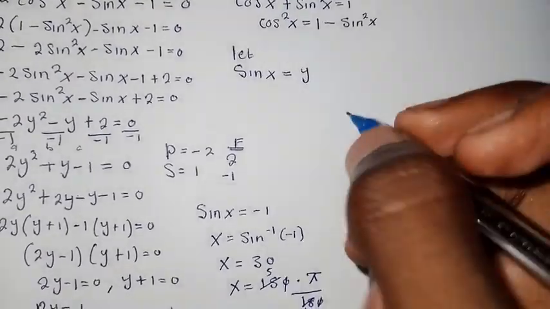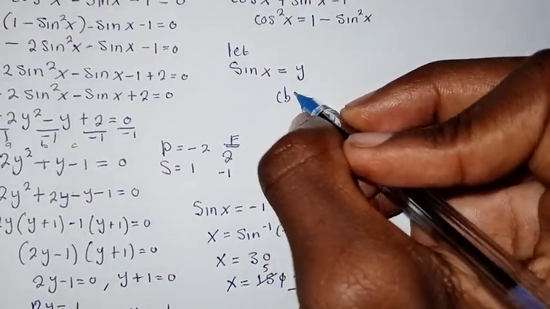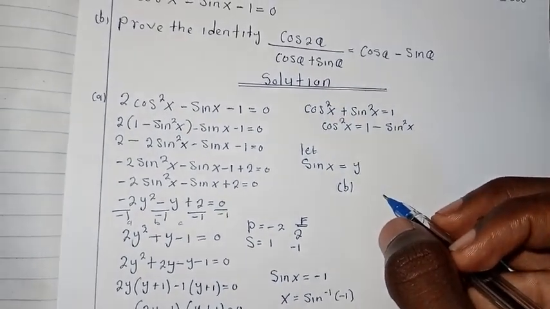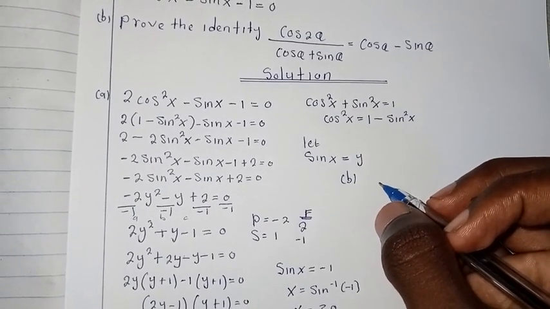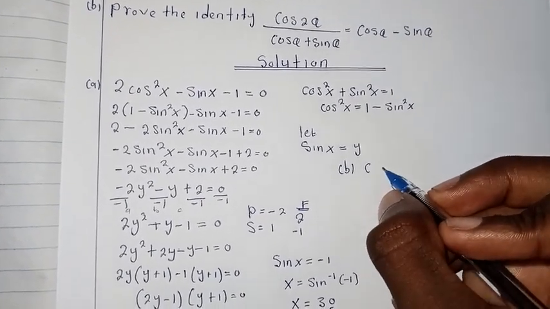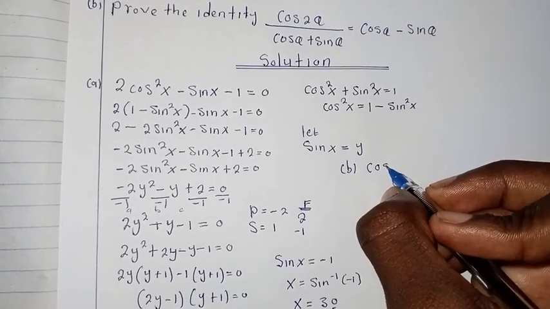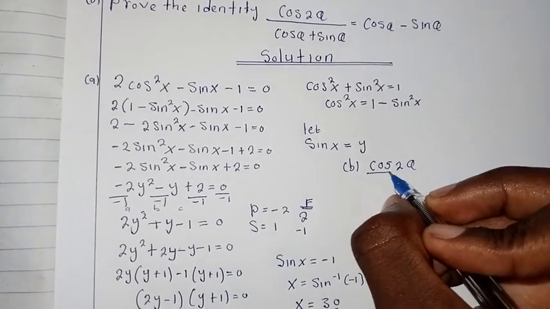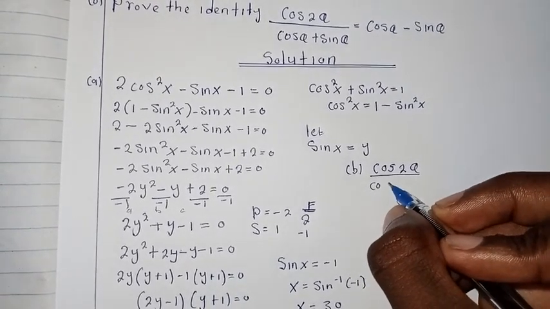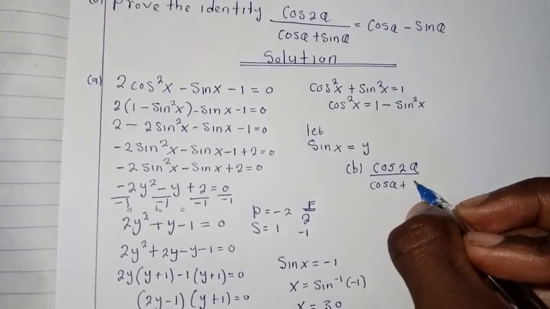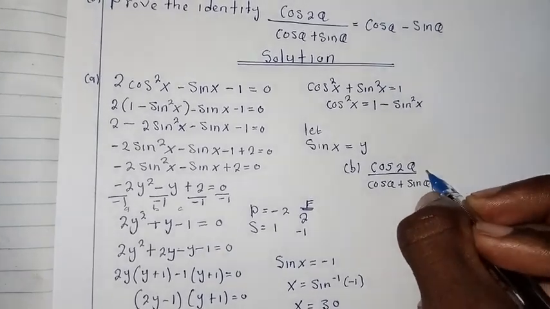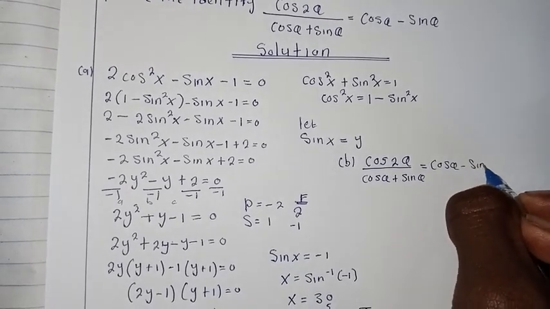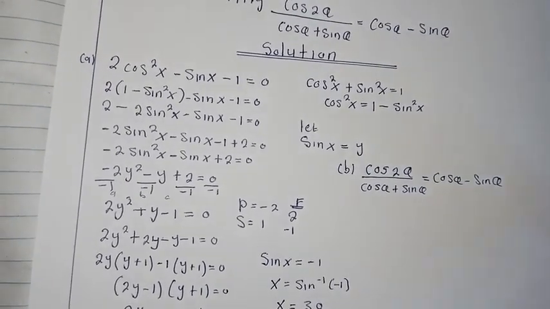So the second part, let's say this is B. B was saying that we prove the identity cosine 2 theta over cosine theta plus sine theta is equal to cosine theta minus sine theta.